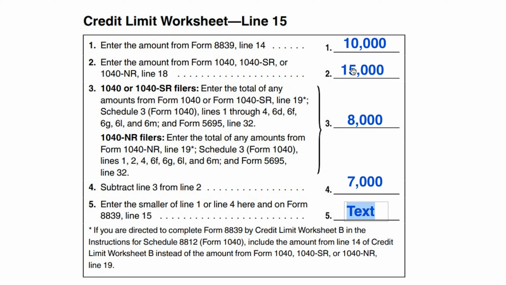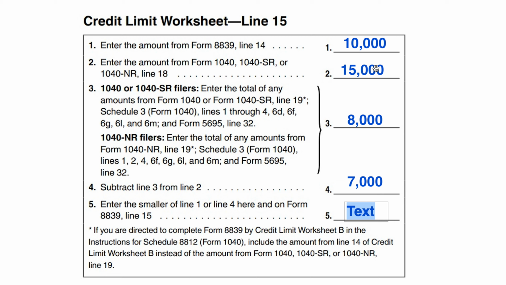We're going to, in line 2, enter the tax liability number from Form 1040, 1040-SR, or 1040-NR, line 18. So this isn't the total tax. The total tax basically includes a lot of other taxes such as self-employment, things of that nature. This is the tax liability that was calculated in the tax tables plus two taxes that come from Schedule 2.